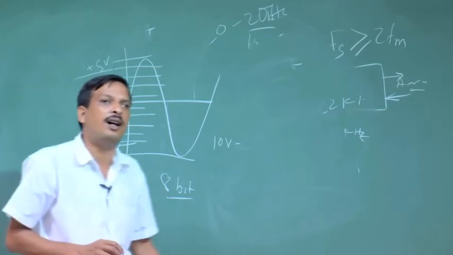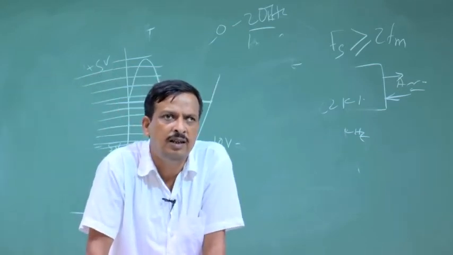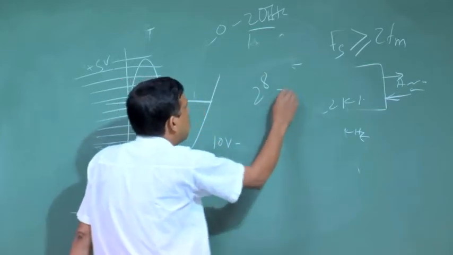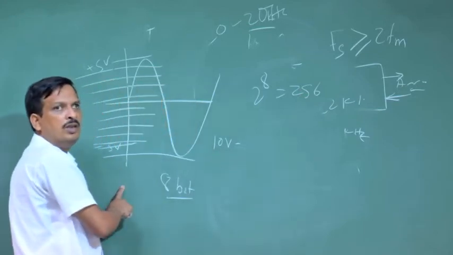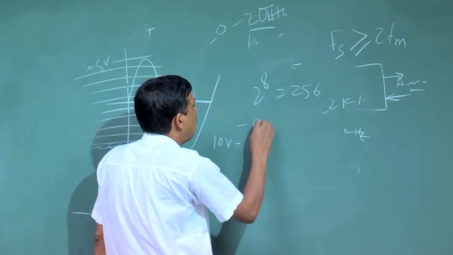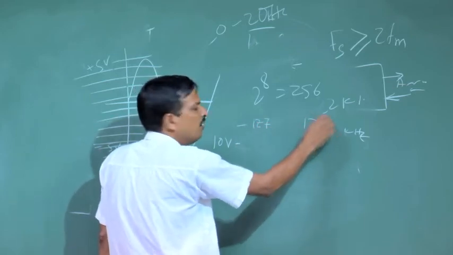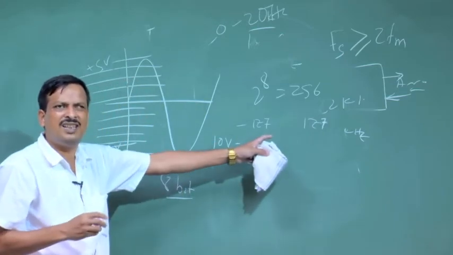So, what is the highest value of 2 to the power 8? An 8-bit number means the integer value is 2 to the power 8, which is 256. If it is negative and positive, 1 bit goes for the sign. So, it is minus 127 to plus 127, or including 0 it will be 255. I am not getting into that part.